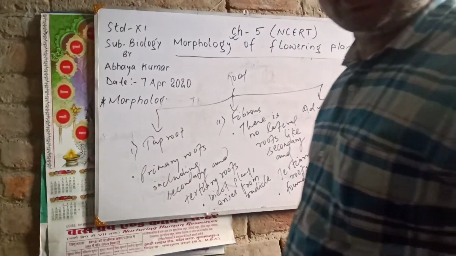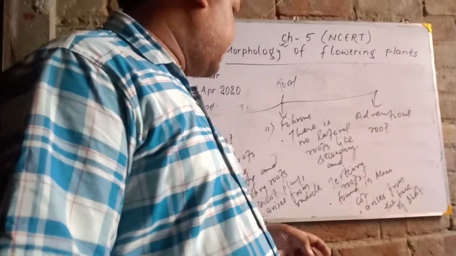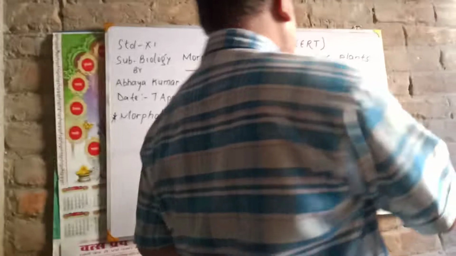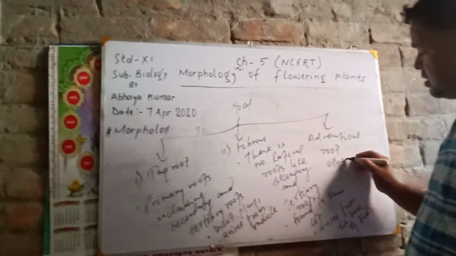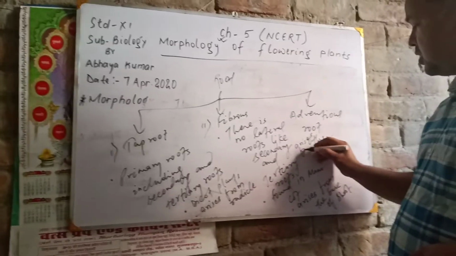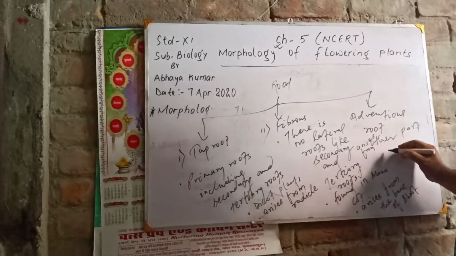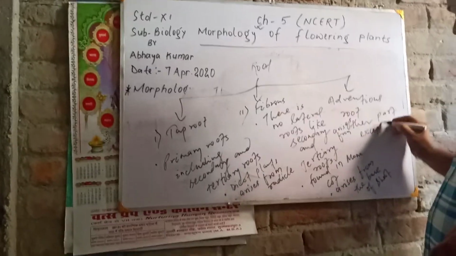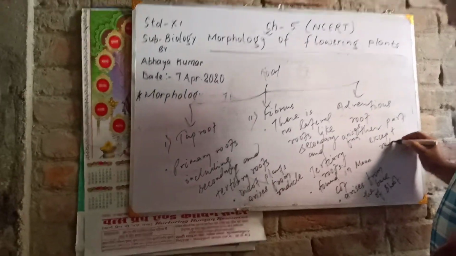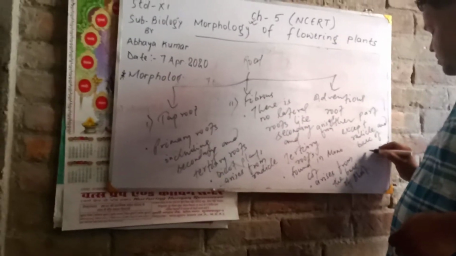Adventitious root arises from other parts except the radicle and the base of shoot.